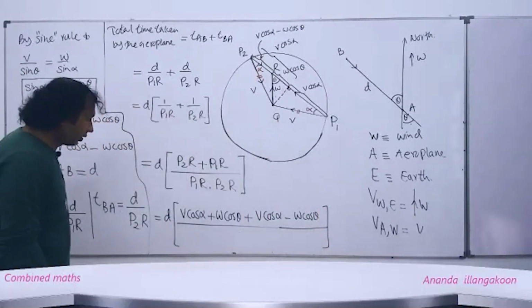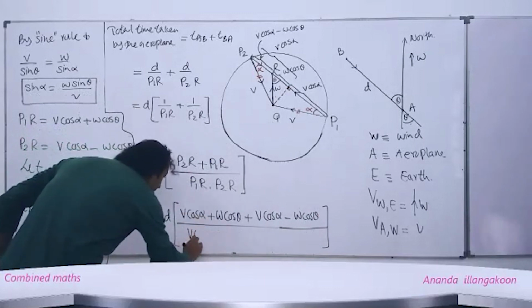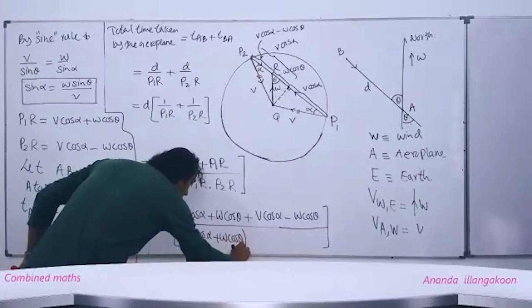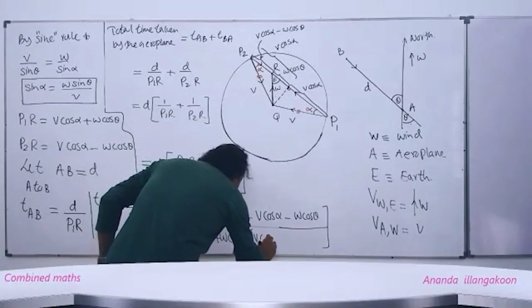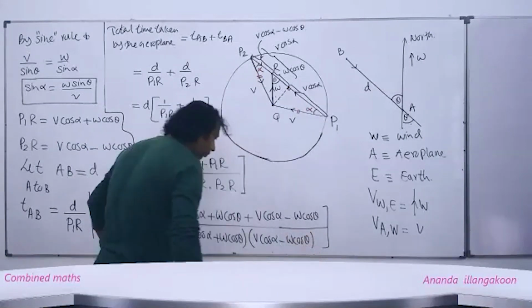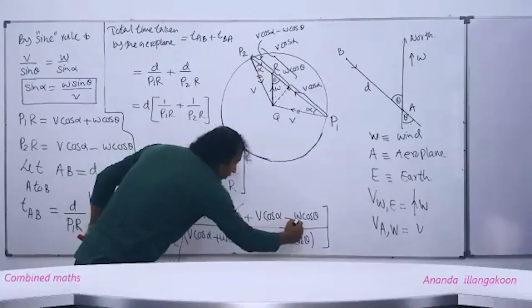And the product P1R times P2R at the denominator is V cos alpha plus W cos theta times V cos alpha minus W cos theta. You see, the W cos theta in the numerator cancels.